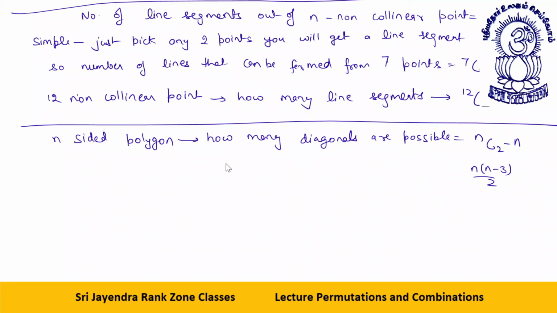See, we have n points. So the total line segments will be nC2.